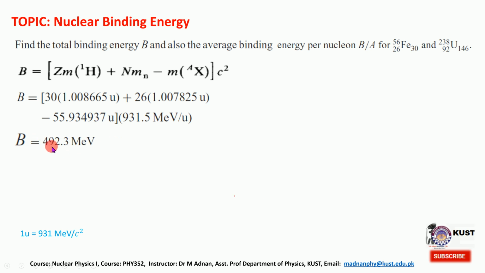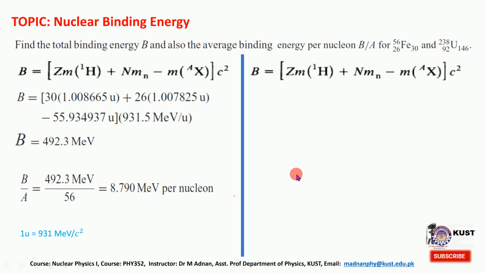That is, this much energy is required to separate, or to remove, all the nucleons. The total nucleon number in this system is 56. Now to find the binding energy per nucleon, we need to divide it by the total nucleon number. So that is 56, the sum of the number of protons and neutrons. So that is around 8 mega electron volt.